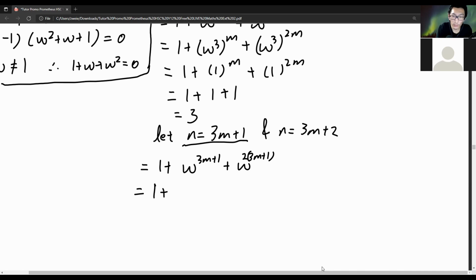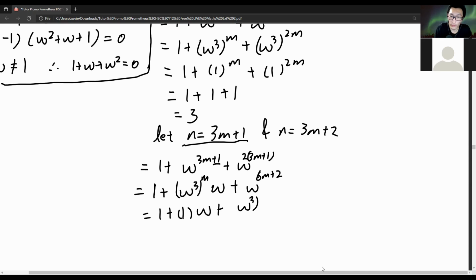And I'll get 1 plus omega^3 to the power of m, right? By indices laws, I'm going to drop that plus 1 down, which is just omega. Plus, again, omega, I'll get 6m plus 3, so I'll do this a bit slowly. So I get 1 plus 1 times omega plus omega^3 to the power of 2m times my omega squared over here.